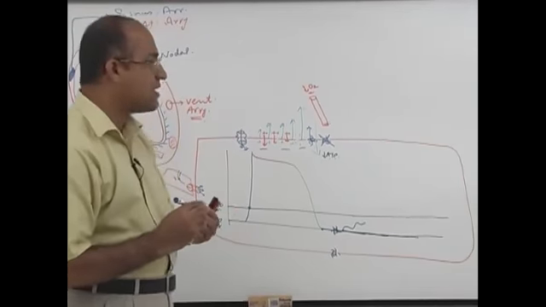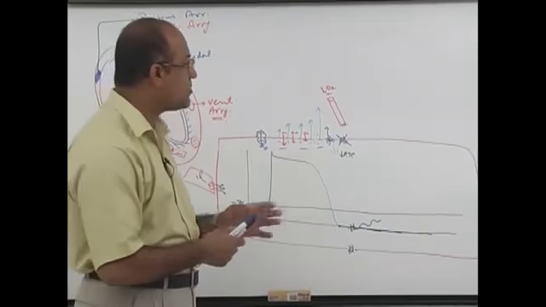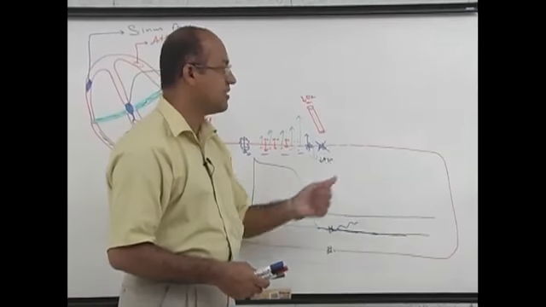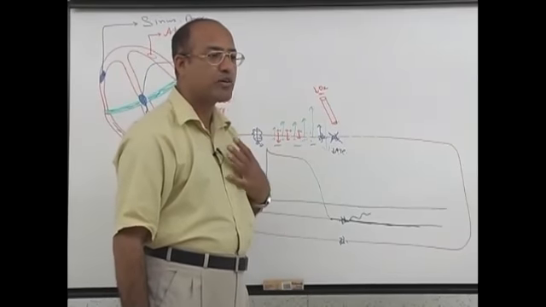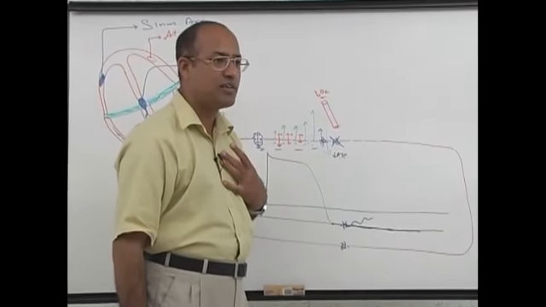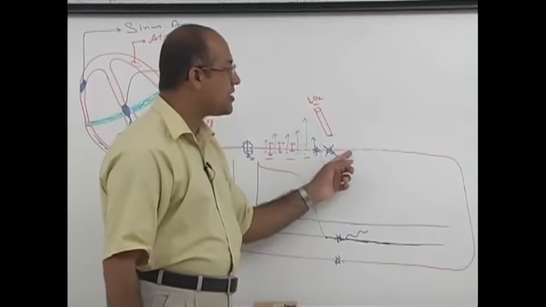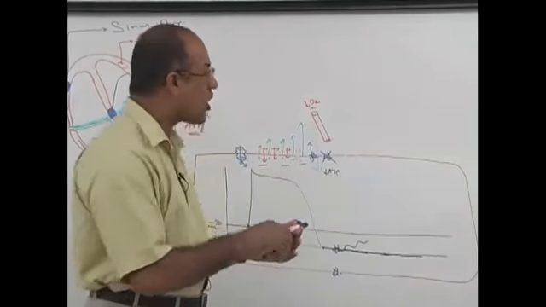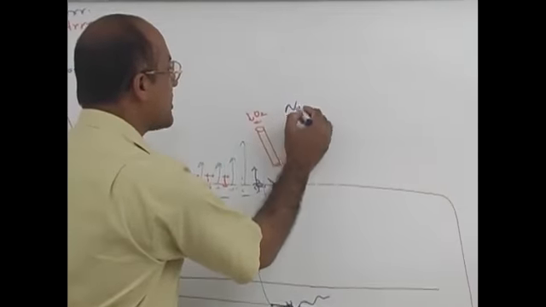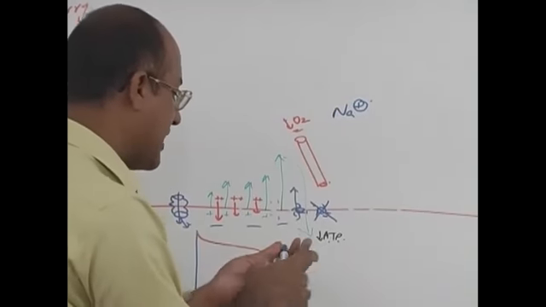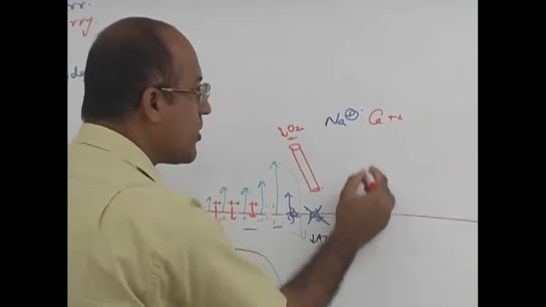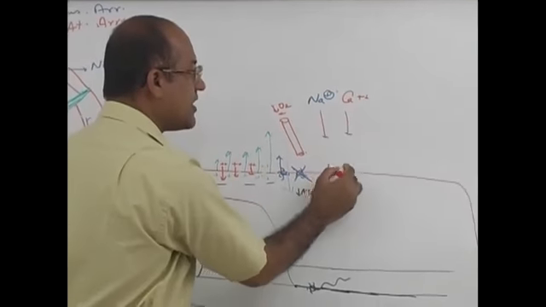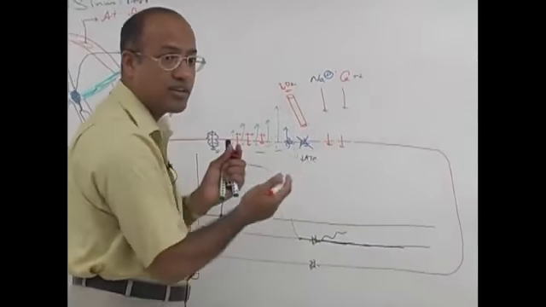This is one problem. The second problem: during ischemia, when myocardial cells are physically injured, their membranes become leaky. And you know, normally the sodium concentration outside the cell is very high, as well as the calcium concentration. So these cations will leak in, and again there is cation loading.